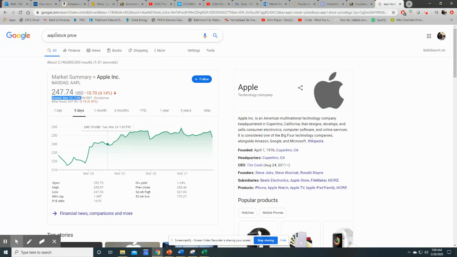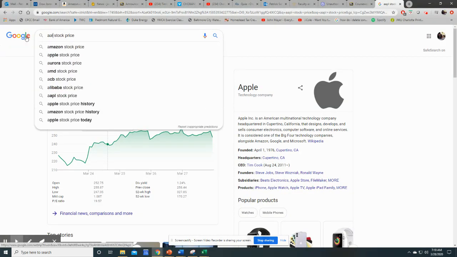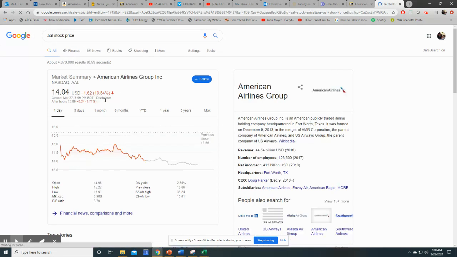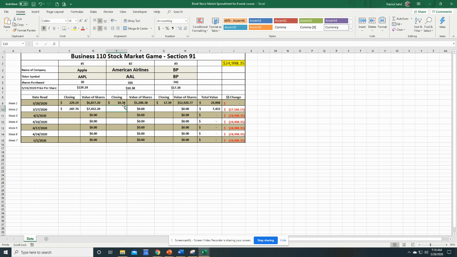American Airlines. 1404. Now there's really good growth. Look at that. $1,800. It's real easy to play the stock market game when you're going backwards, by the way. Everyone looks like a hero.